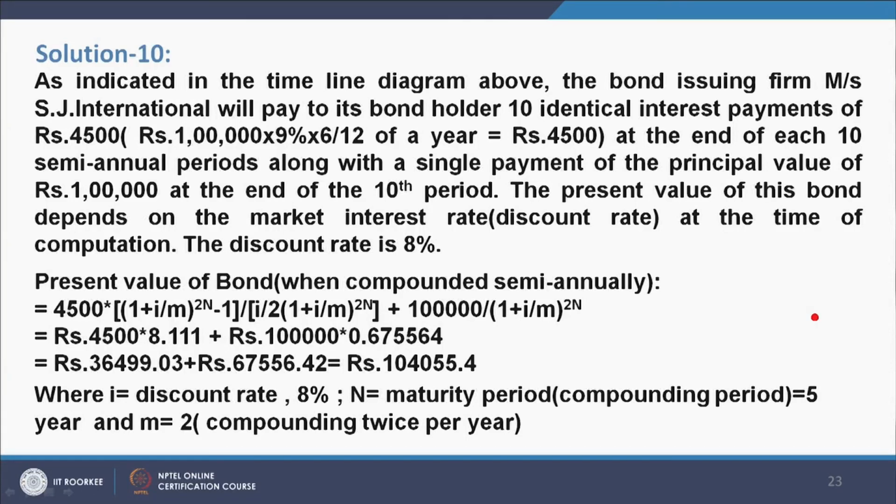If you see, this is the 36,499.03, and this comes from the annuity payment, the present value of this annuity.